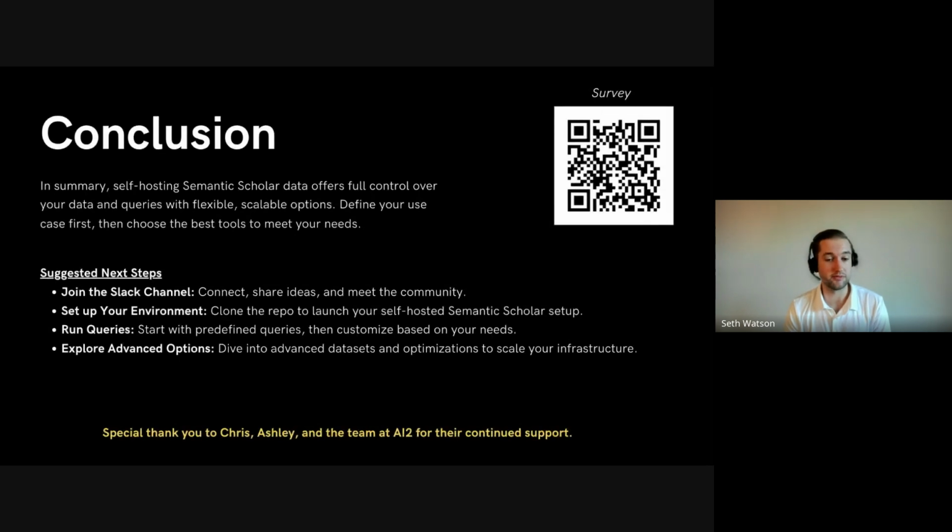Start running those predefined queries and then customize them based on your needs. Lastly, you can explore some more advanced options. Dive into advanced data sets like the Spectre embedding data set the one Rodney shared, and focus on optimizing your queries for speed. Think about how you can take things from 1 to 2 and up to 10, up to 100.